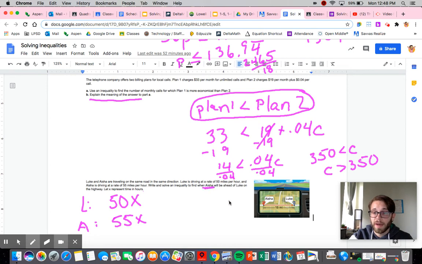Our goal is to find out when Aisha is greater than Luke in terms of distance. Now Luke here, he's got a 15-mile head start. So he's going this distance, but he already has 15 under his belt. I don't know, he started early, whatever. And she's just going 55x.